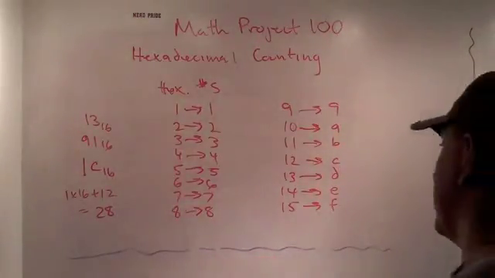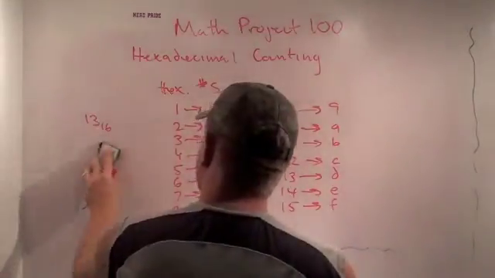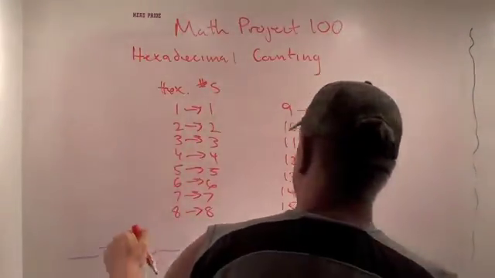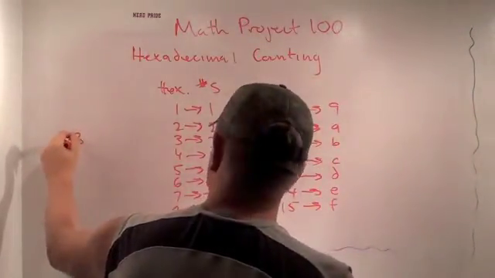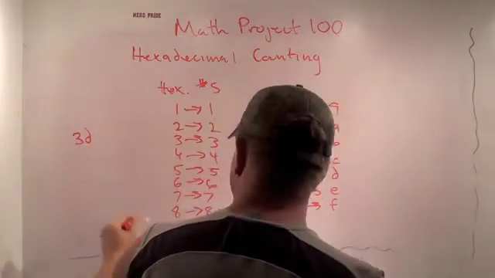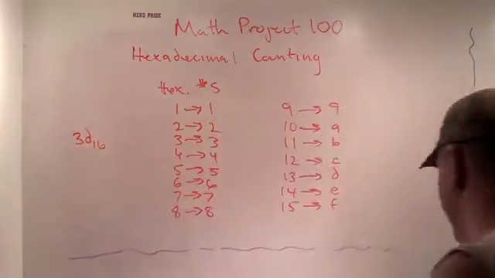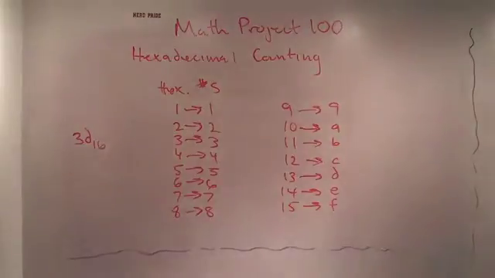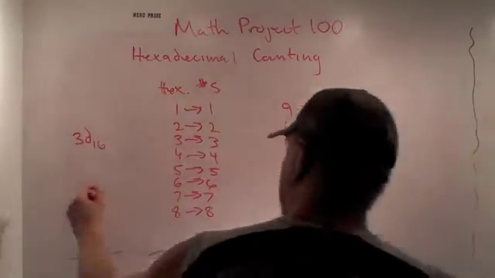Cool. Now you want to do a tricky one? How about the number 3D? What does 3D in base 16 mean? Well, it means 3 times 16 plus 13.